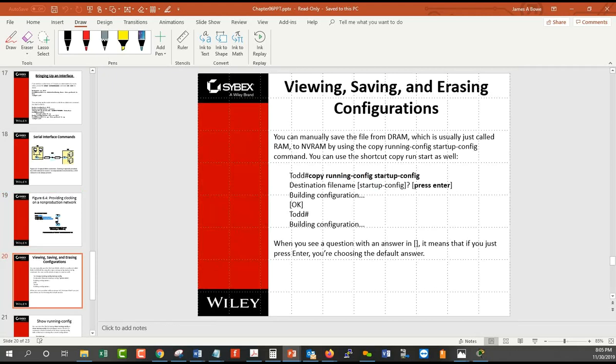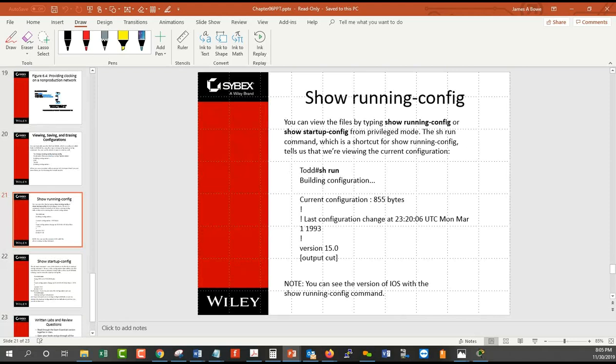The last lab that we went through, we talked about copying our configuration files. Not only how to copy them, but how to back them up to a TFTP server. So I may be asking for some of that. So make sure that you review that in the last lab.